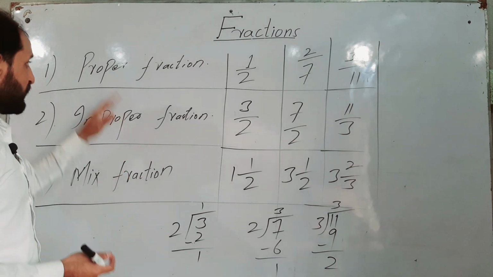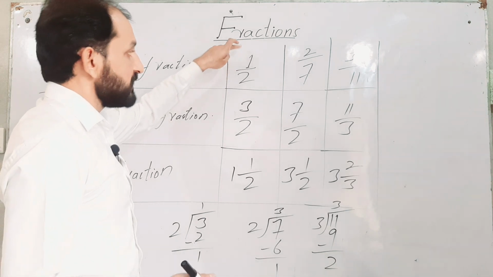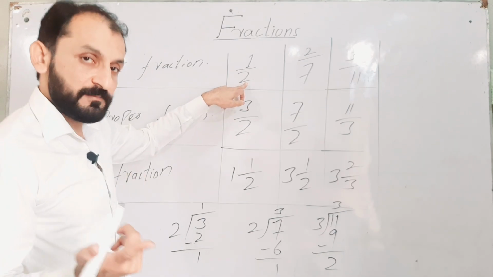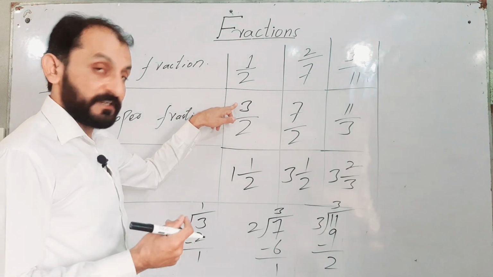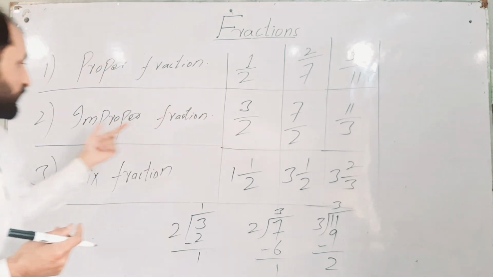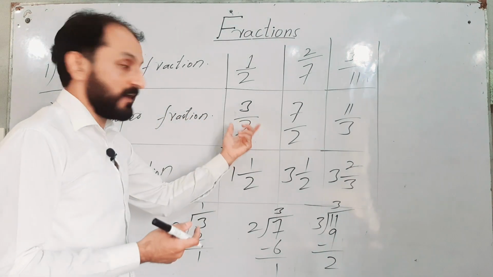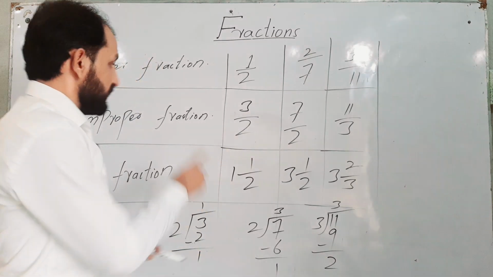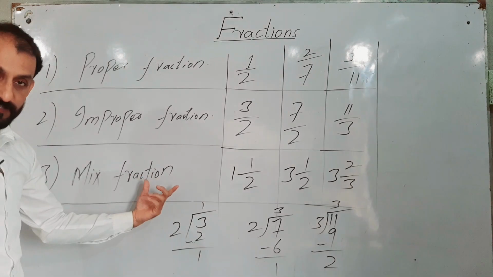Again, simply: if the value of the numerator is less than the value of the denominator, this type of fraction is known as a proper fraction. If the value of the numerator is greater than the value of the denominator, this type of fraction is known as an improper fraction. When we simplify an improper fraction by dividing, the new form is known as a mixed fraction.